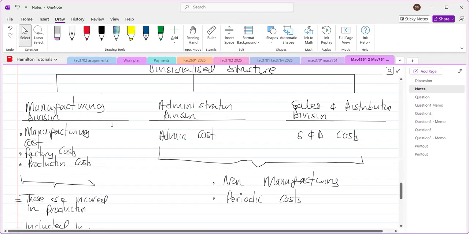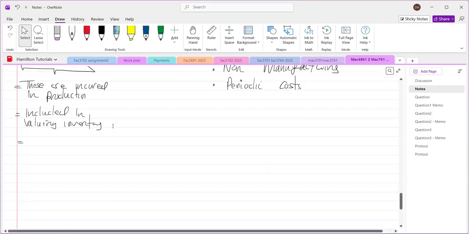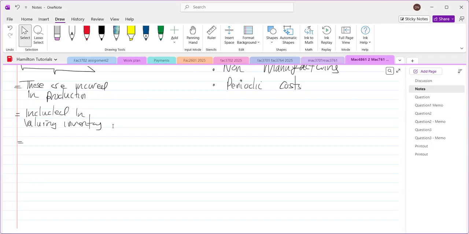So going back to the manufacturing cost, remember when you are valuing inventory, you only include manufacturing costs. At the same time, these are included in calculating gross profit, and remember gross profit needs cost of sales.